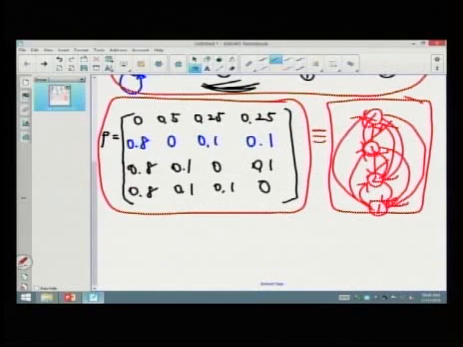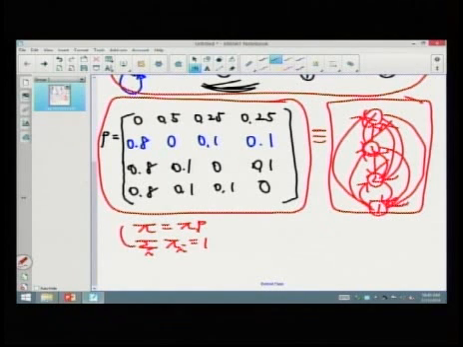So how do you get pi 1? We need to use pi equals pi P in matrix form, and the sum over pi i should be equal to 1. We're going to use this formula, right? That's what we've done a couple of times.